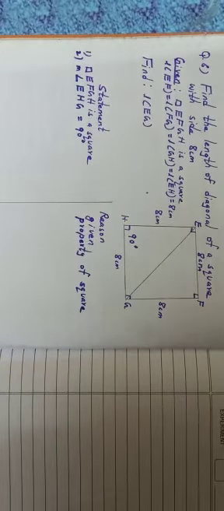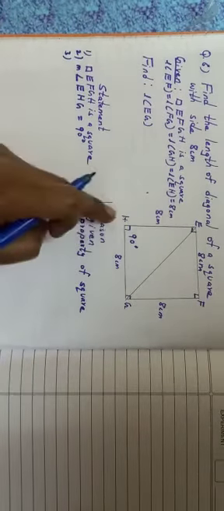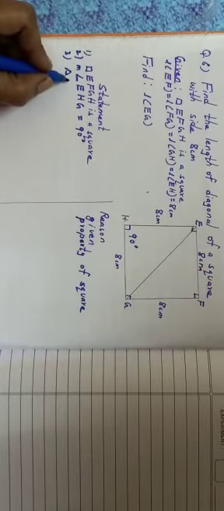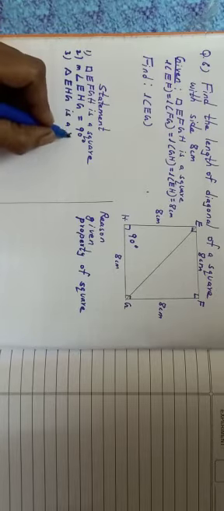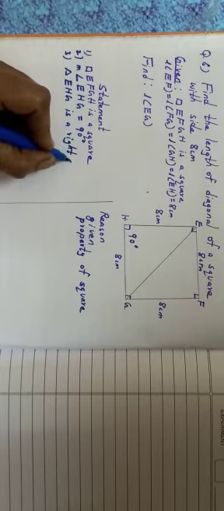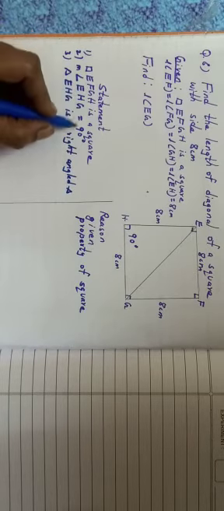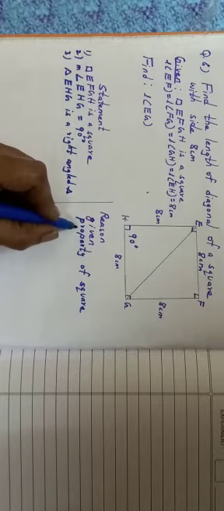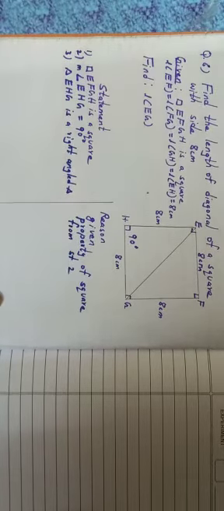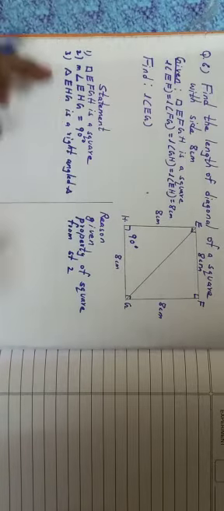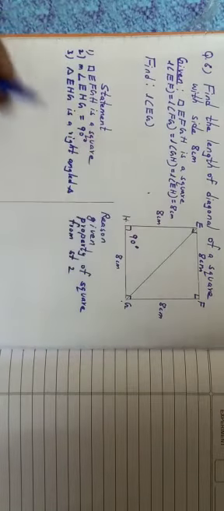Then the third step we will write. Now we have got: triangle EHG is a right angle triangle. Now why is it a right angle triangle? Because angle EHG is 90 degree, from statement two. So now if it's a right angle triangle, then only can you use Pythagoras theorem. What will Pythagoras theorem say?